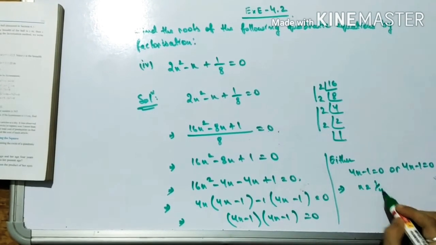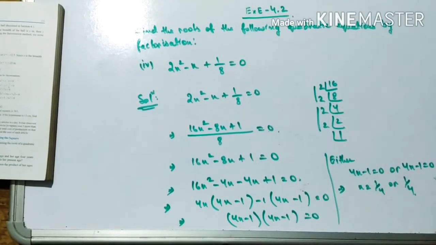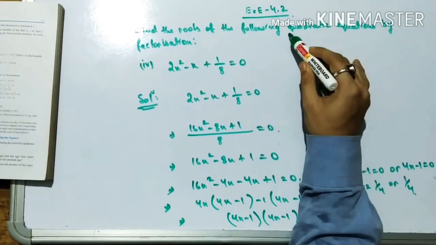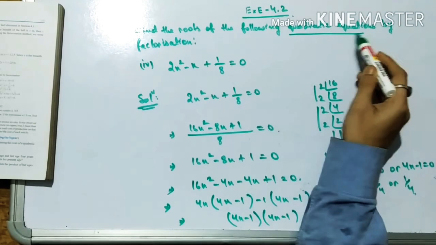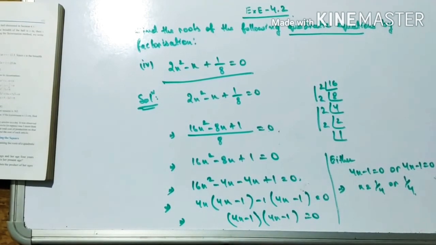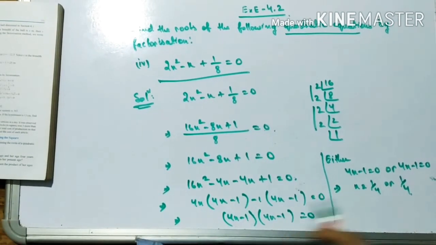So therefore x equals to 1 by 4 or x equals to 1 by 4. Understand? So therefore the roots of the quadratic equation are 1 by 4 and 1 by 4.